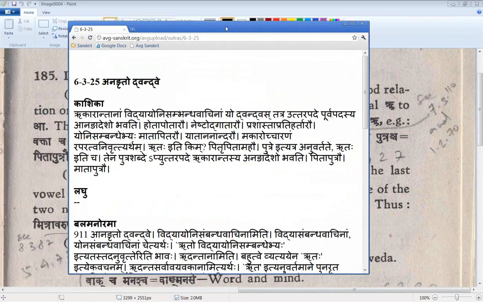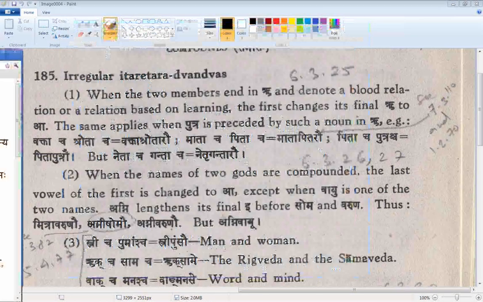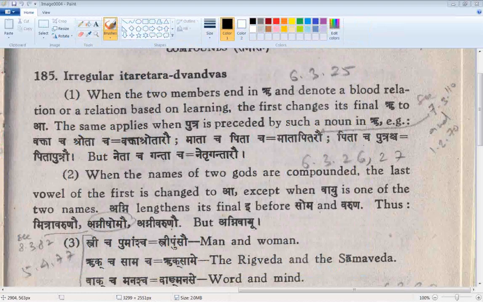So we saw one, vaktru shrotru, the vidya sambandha, then matru pitru is the yoni sambandha. Now when you say pitru and putra, the yoni sambandha is there, but it doesn't end in rukara. Remember, to apply 6.3.25, we need a rukarantam in both places. So this one, we don't have that.